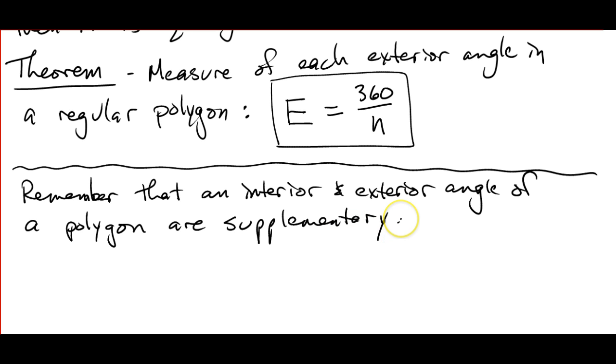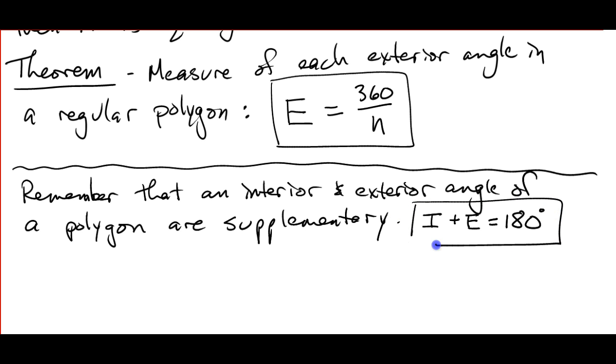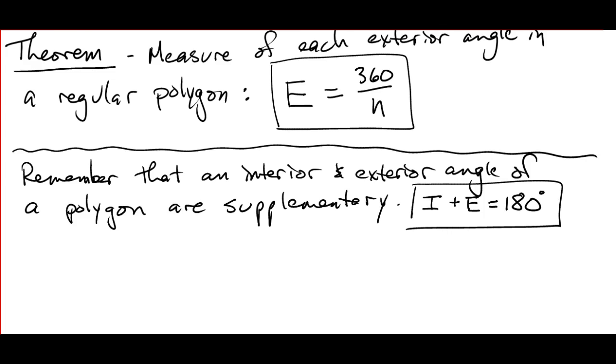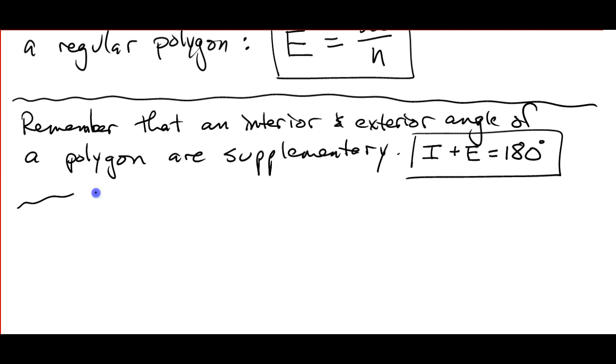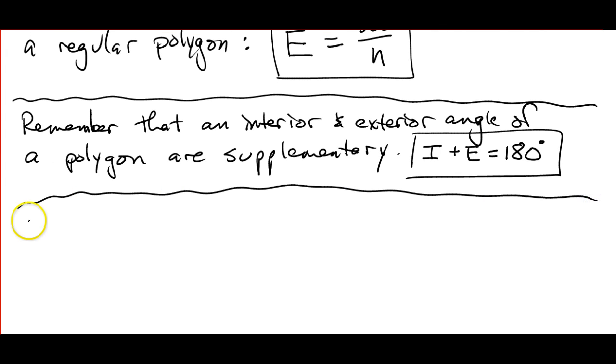So a formula that I will use quite often again is: an interior angle plus the exterior angle is equal to 180. Okay, so keep this in mind, and I'm going to use this quite a bit when we do the examples. Alright, so example number 1.